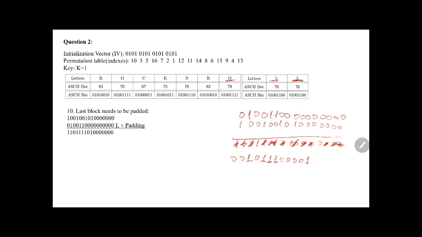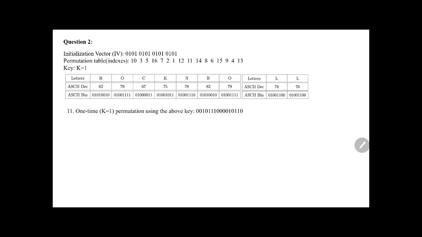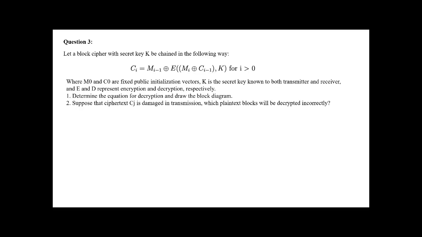Then 15, this 0, and then 9, which is this one, then 4, which is this one, and then 13, which is this 0. So, seems correct. Oh, this is it. This is the output of the final permutation, which is the final output of our cipher block.